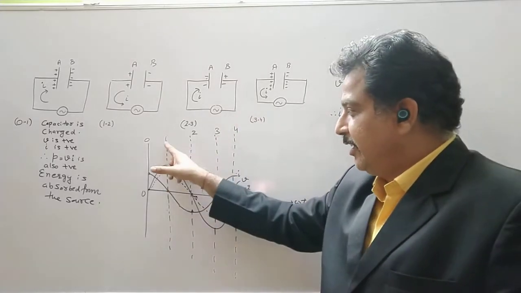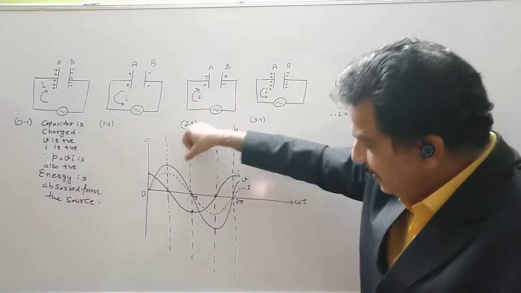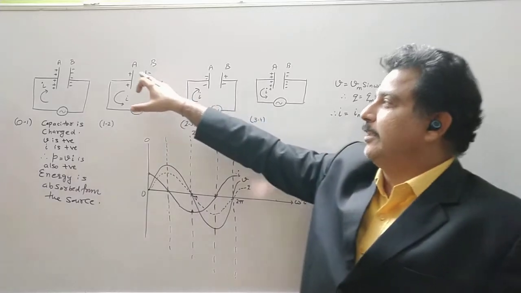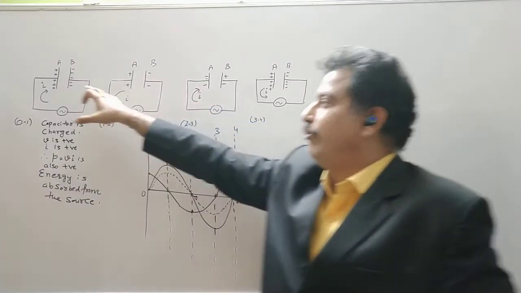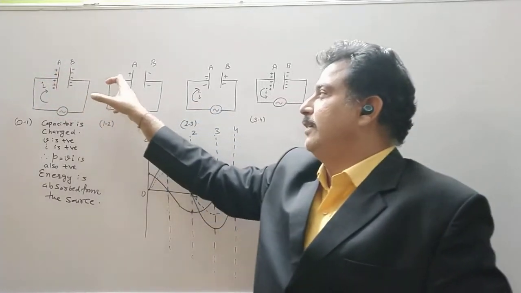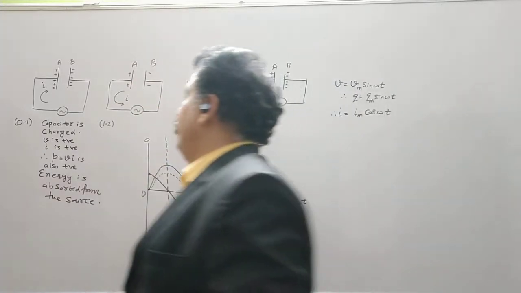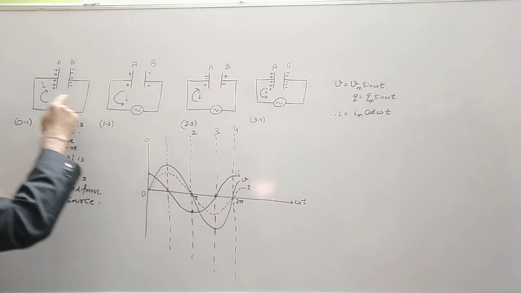Now after this region 1, the charge is decreasing. If you count the number of charges, it becomes less. So the direction of the current is now reversed.